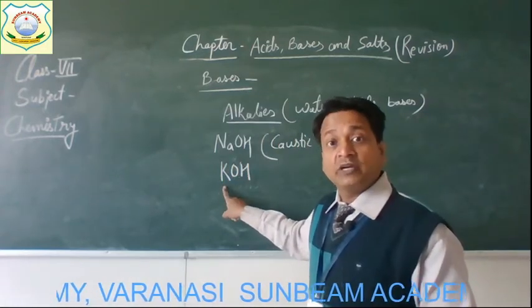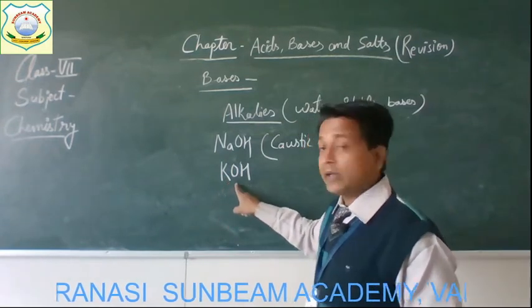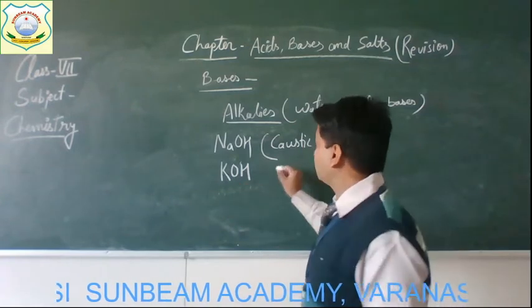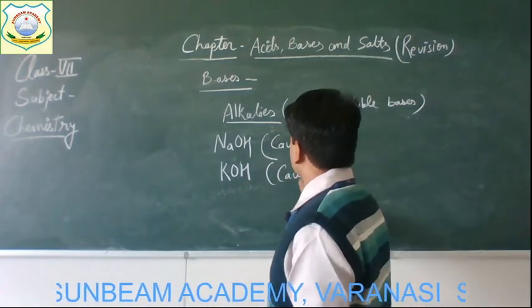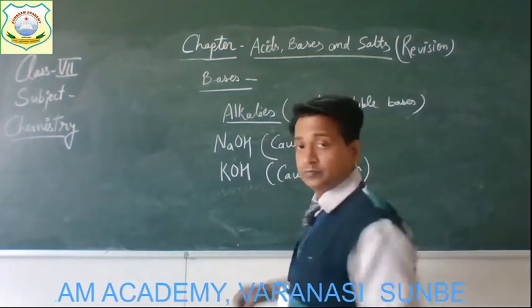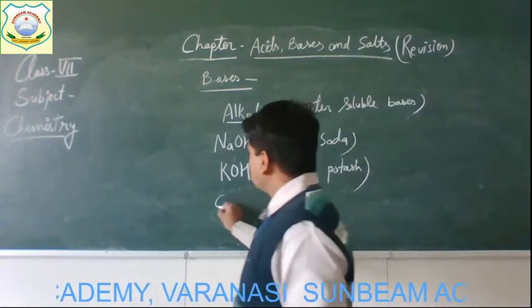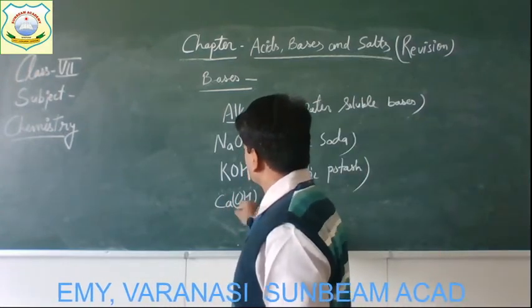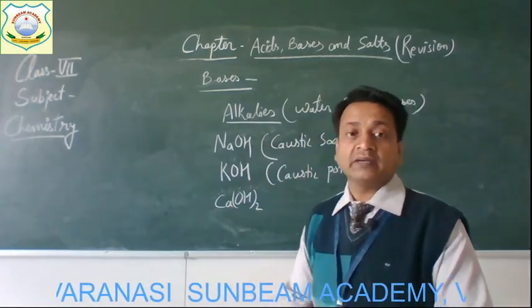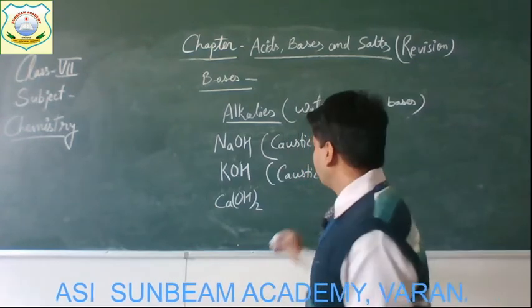KOH, potassium hydroxide. The chemical name of KOH is potassium hydroxide and the common name is caustic potash. Okay? Ca(OH)2. This is calcium hydroxide, which is a base, and its common name is slaked lime.